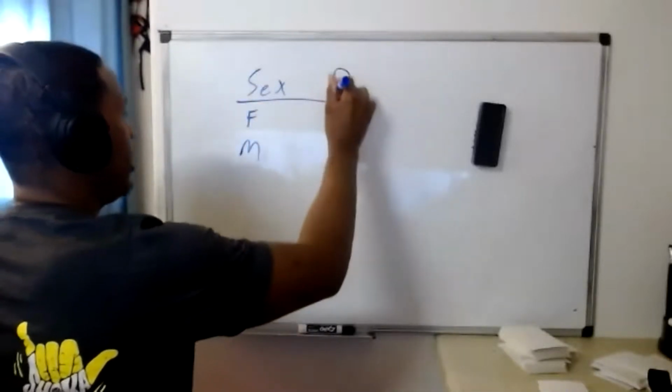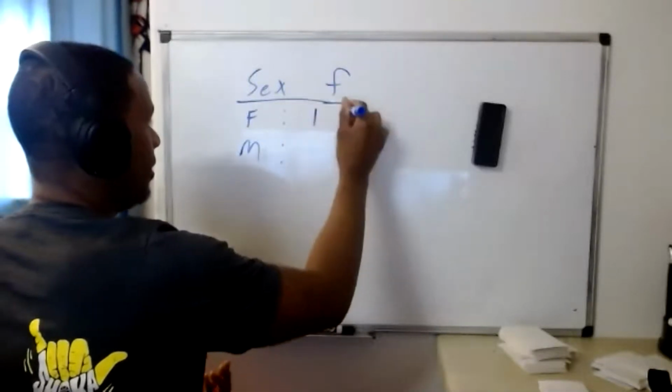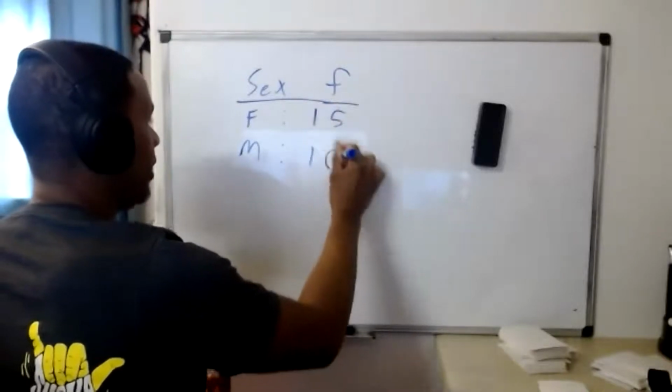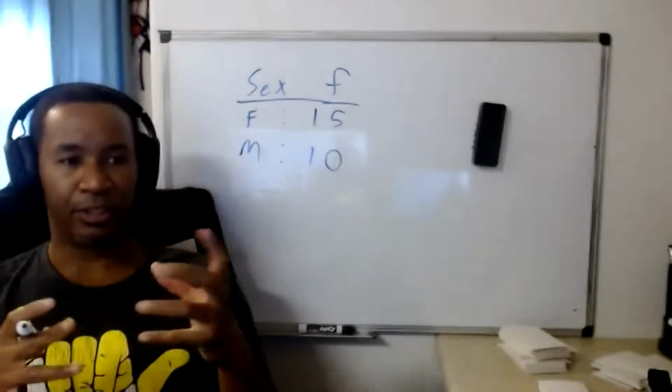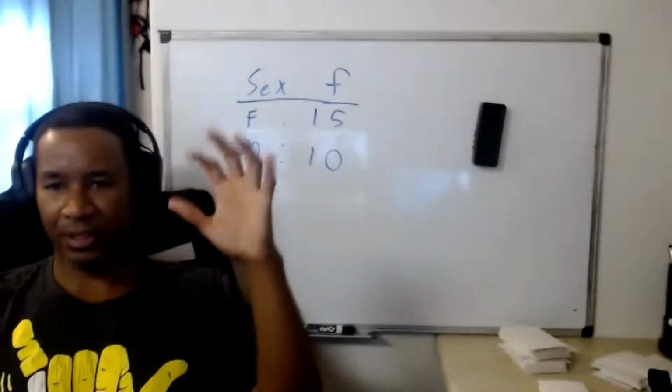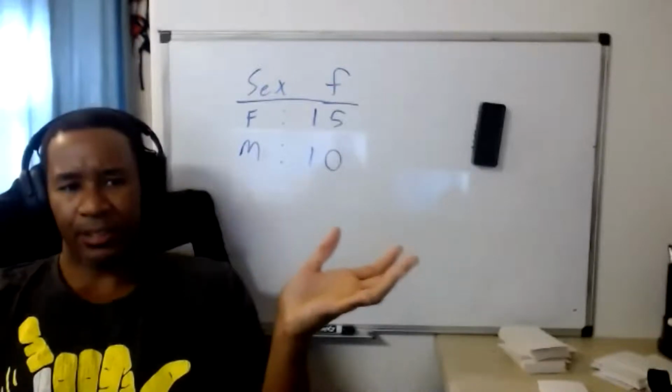And let's say we have a frequency distribution where we have 15 females in the class and 10 males. So what we have here is the distribution of sex, or it tells us how the variable sex is distributed in the class. That's essentially what a distribution is.